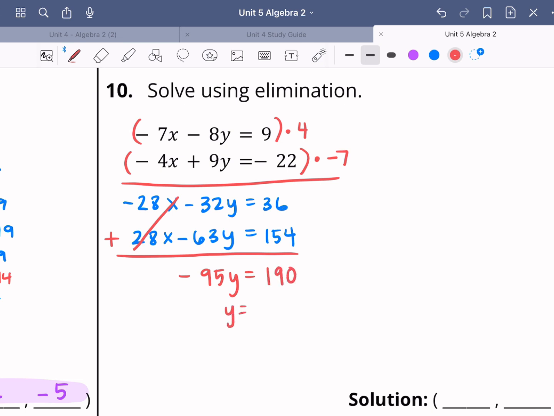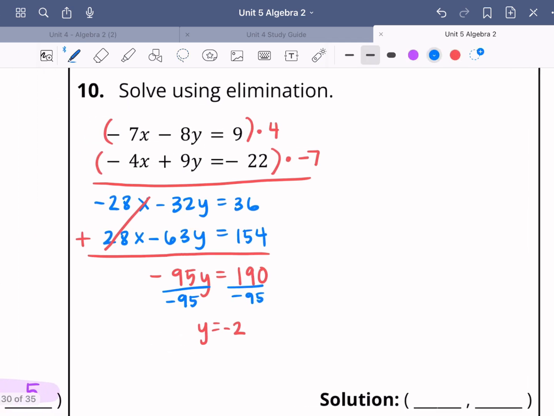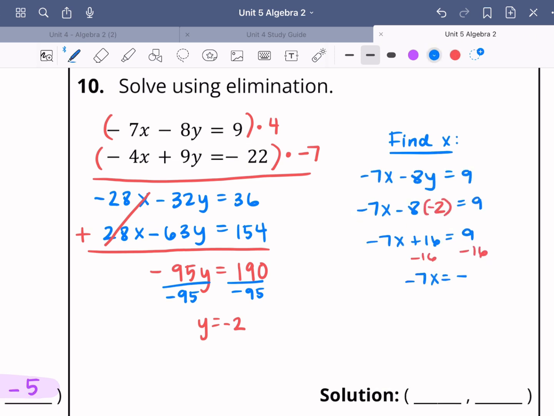This ends up giving me -2 when I divide both sides by -95. Let's find x. Doesn't matter which equation you use. So my solution is 1, -2. Make sure the x goes first.